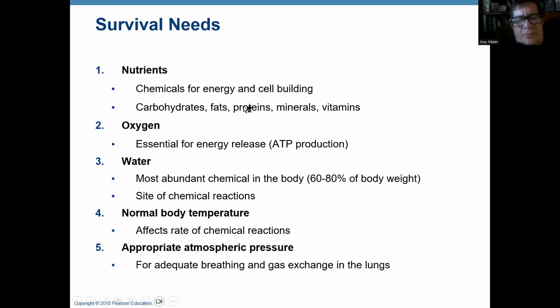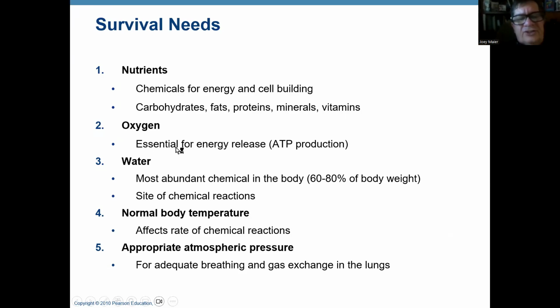Proteins are often used for building blocks, carbohydrates often used in surfaces of cells. I'm talking about as a non-food thing. But minerals and vitamins, we're talking about cofactors and coenzymes, things that make it possible for enzymes to do their jobs. And we might get into details of that.